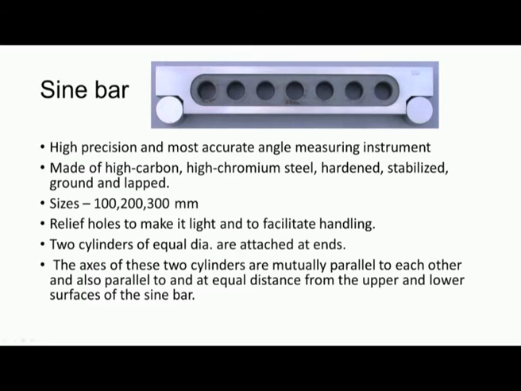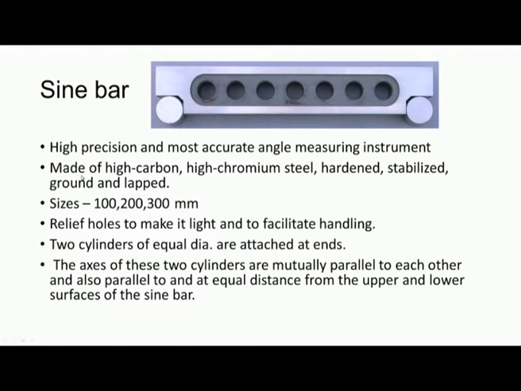This is the body of the sine bar and we have two very precisely machined rollers fixed to the two ends of the sine bar and we have circular holes here to reduce the weight of the sine bar. So, this is a very high precision and most accurate angle measuring instrument. We can measure the angles even to an accuracy of few seconds.